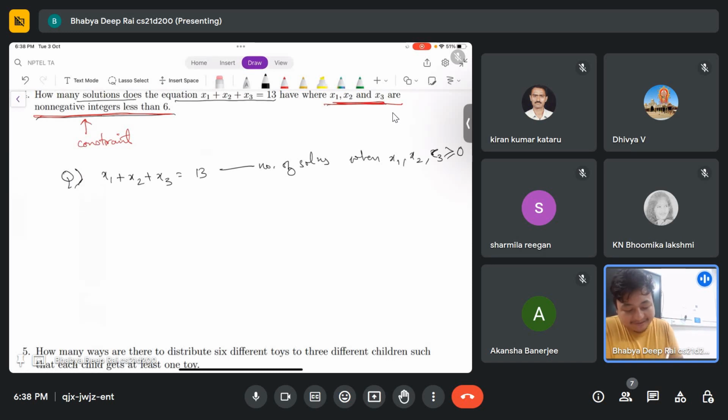The idea we used was, let's say there are 13 stones, which are ones in our case: 1, 2, 3, 4, 5, 6, 7, 8, 9, 10, 11, 12, 13. There are 13 stones, which is nothing but the number one: 1, 1, 1, and so on. These are my stones.